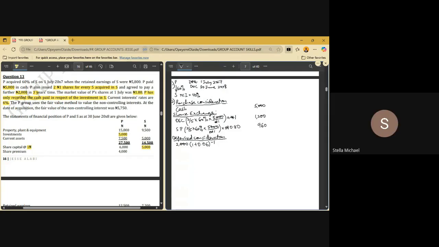Sorry, it is raised to the power minus 3, because they said they are paying in 3 years' time.